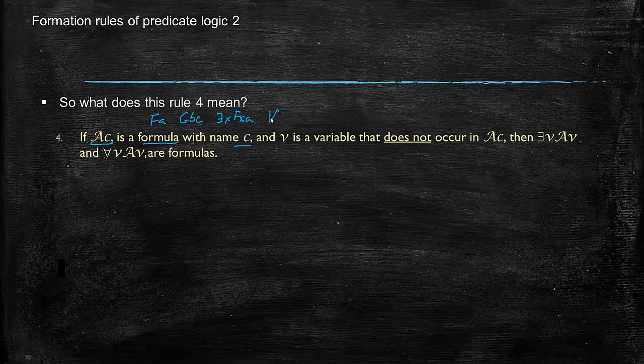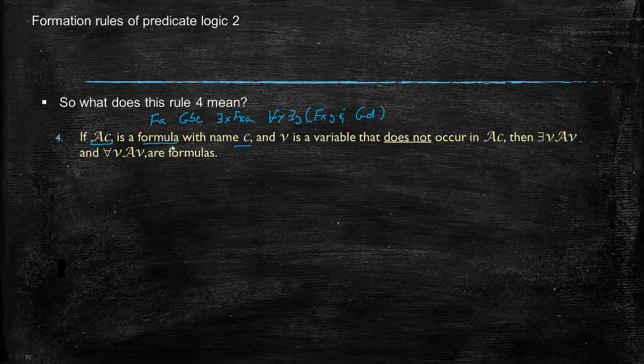It could be for all X, there exists a Y such that F, X, Y, and G, D, right? That's a formula too, as you know. Anything that contains a name and a predicate somewhere, okay?